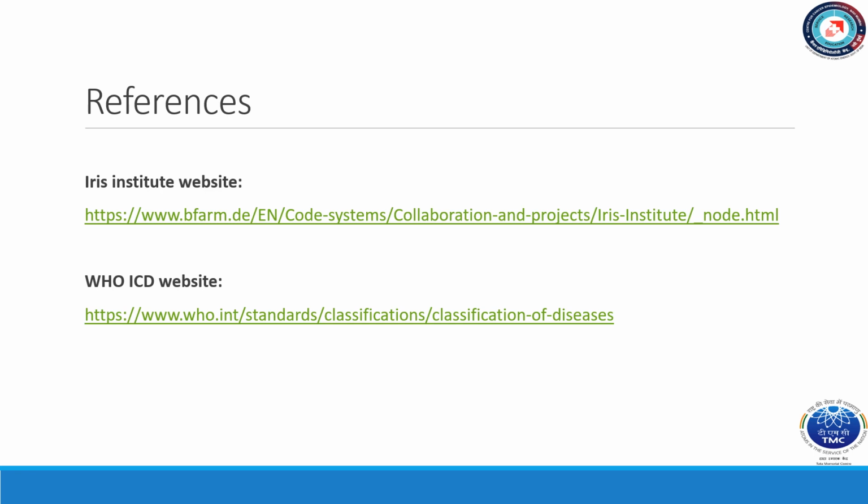Information presented in the video on WHO ICD-10 comes from the WHO ICD website that is available at the link presented on the slide. Also, please consider looking at the website for more information on ICD-10 and ICD-11 and any other questions you might have about the various versions of this mortality classification system.